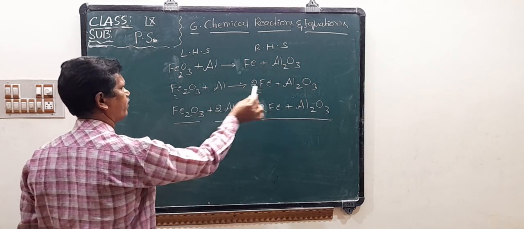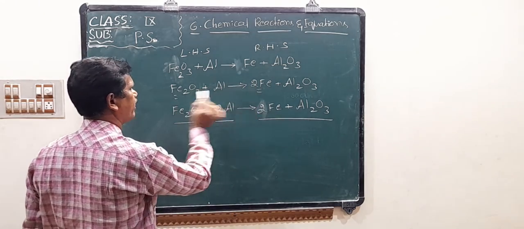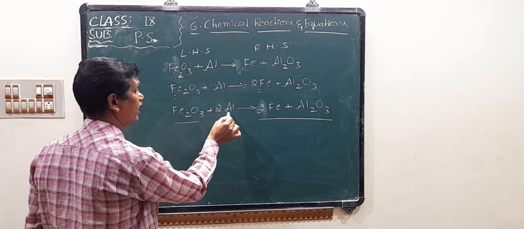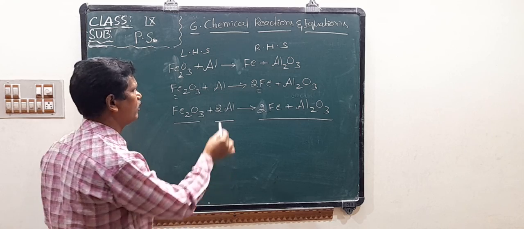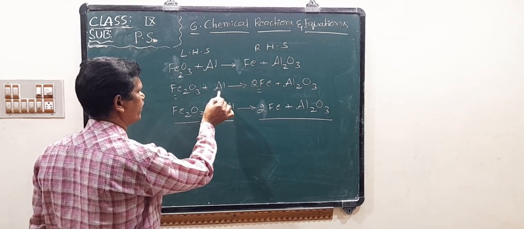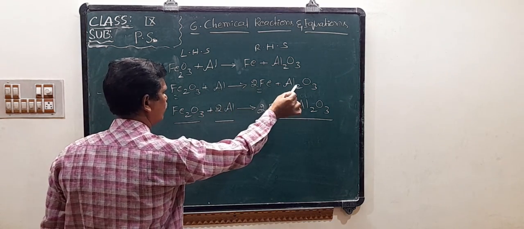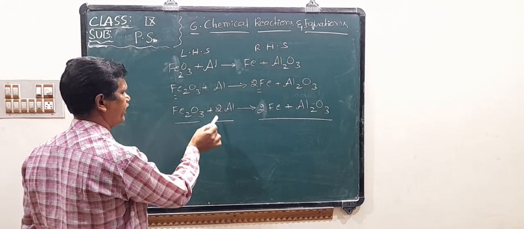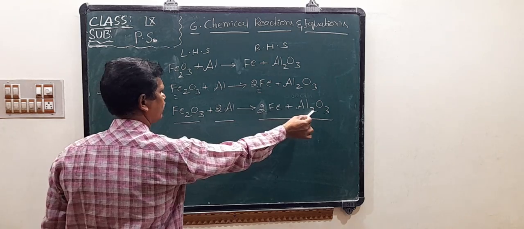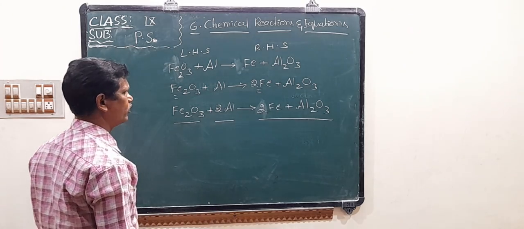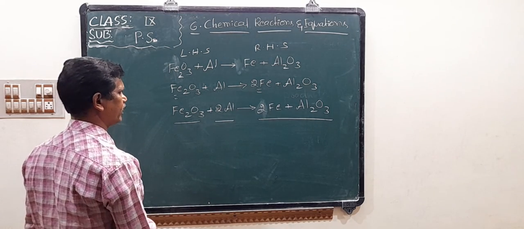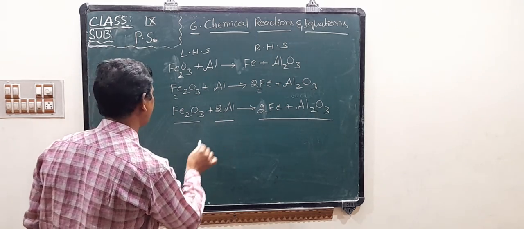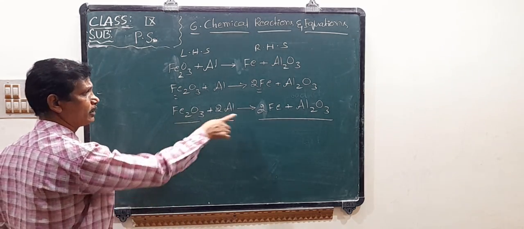Now we balance the aluminum atoms. There is only one aluminum atom on the reactant side and two on the product side, so put 2 as a coefficient before aluminum, 2Al. Both sides are the same, so this is the balanced chemical equation.